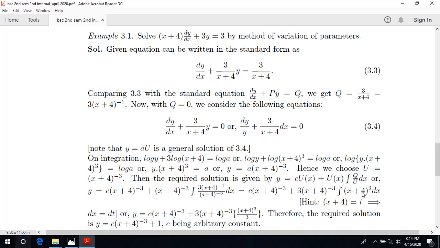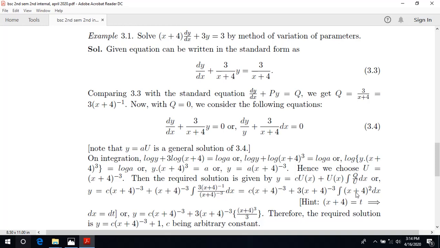You can easily integrate it. Just for convenience, you can make a substitution. Take x plus 4 equal to t. This will give you dx equal to dt. So you replace this term by t, that means the integration of t square. Integration of t square will be t cube divided by 3.